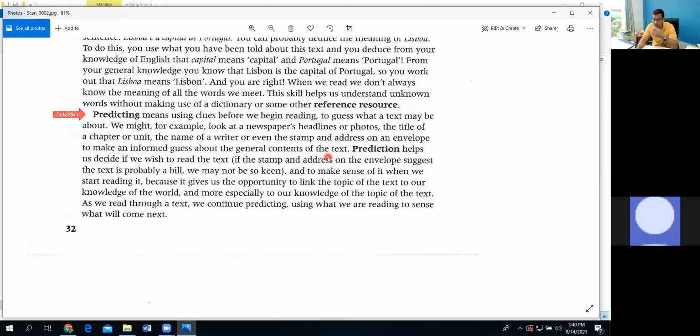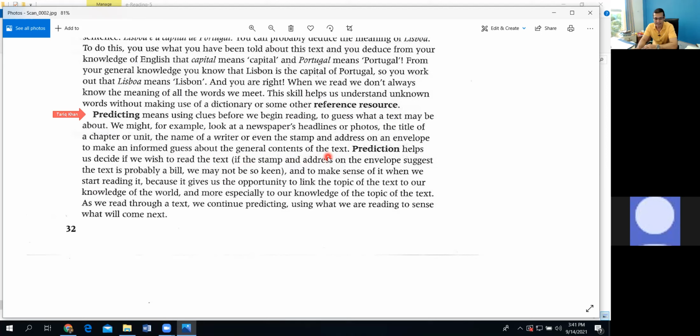Sometimes you receive a letter, and by looking at the envelope, the logo, the writing, you understand it's a bill or it's my bank statement. So without opening it, you understand what it is. Is it my dialogue bill? Is it my bank statement?